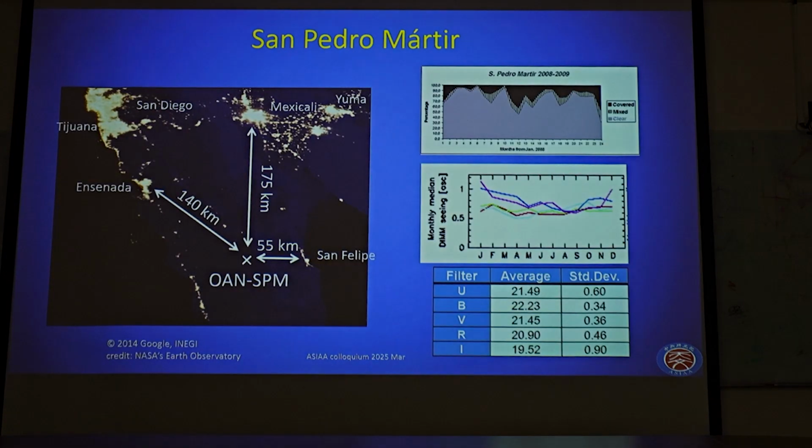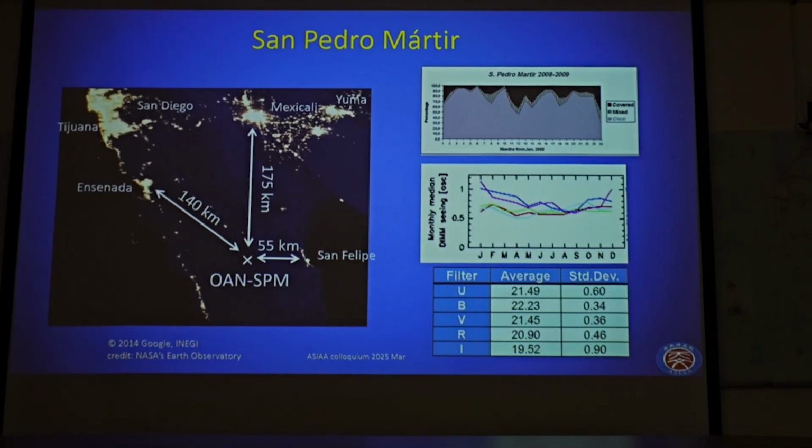So this is the site, with some statistics. On average, it's roughly speaking 300 clear nights per year, compared with what we had in Lulin, which is roughly 100 nights or so.